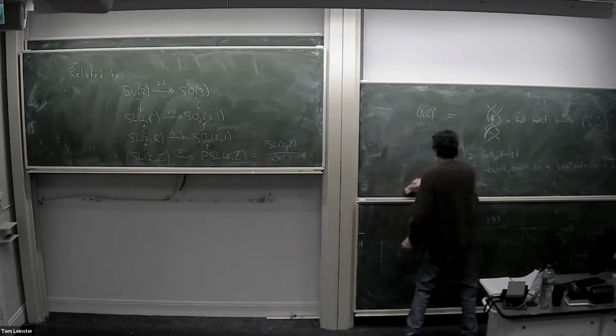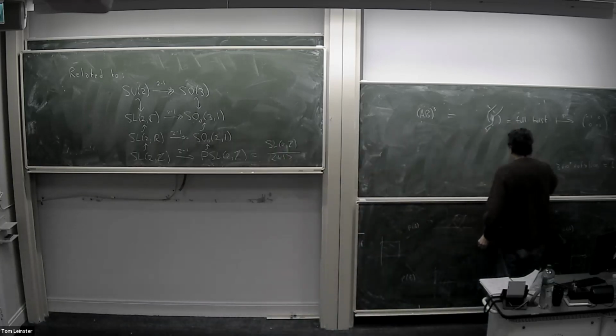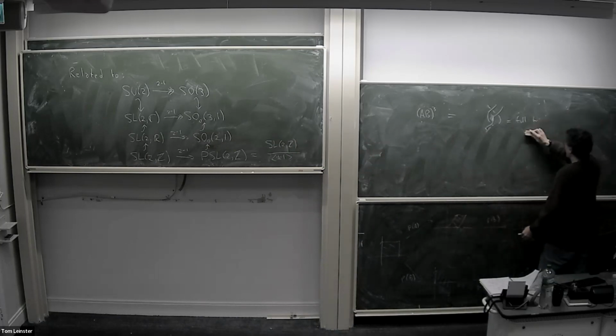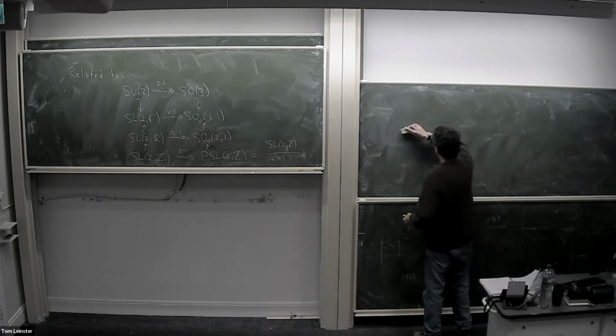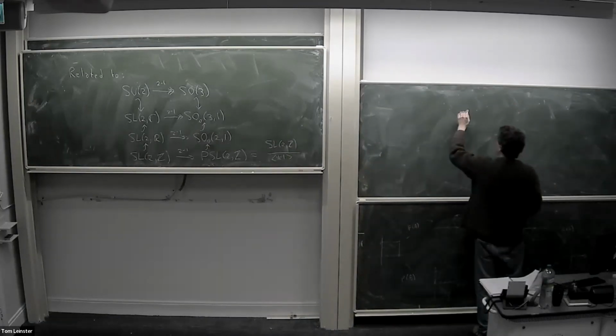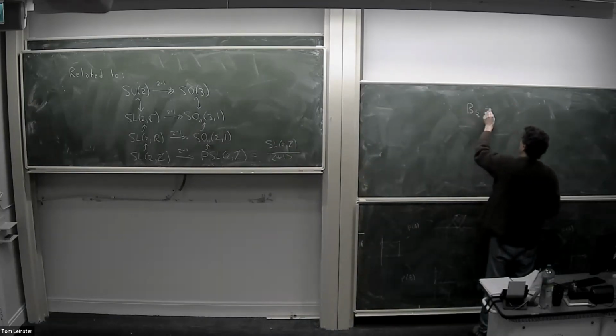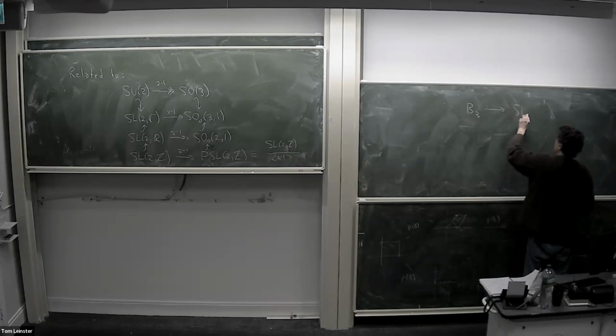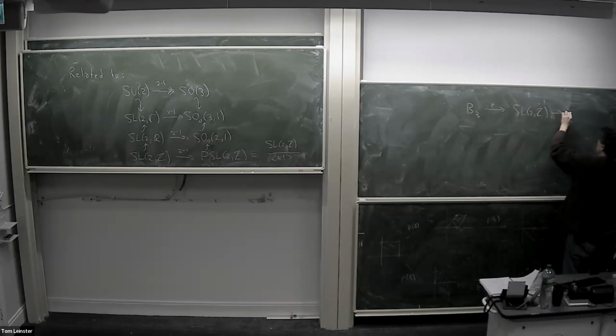So let's get that into the story here. What we had already was that the 3-strand braid group maps onto SL2Z by this map we've been calling P. So that's surjective.